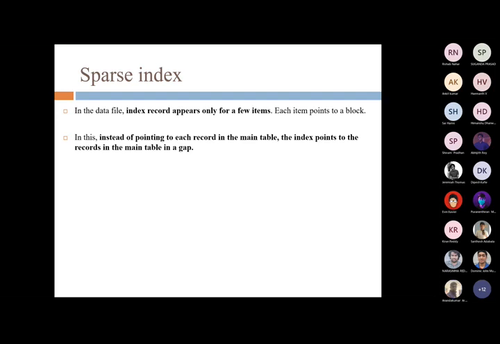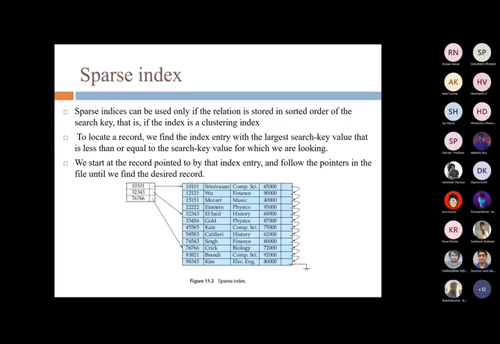So instead of pointing to each record in the main table, the index points to the records in the main table with some gap. So let us visualize how a sparse index is organized, right?